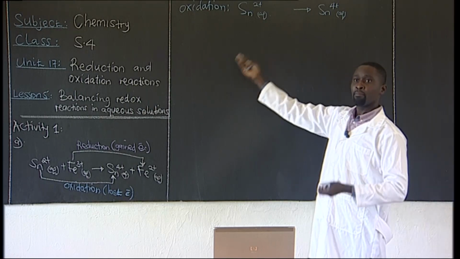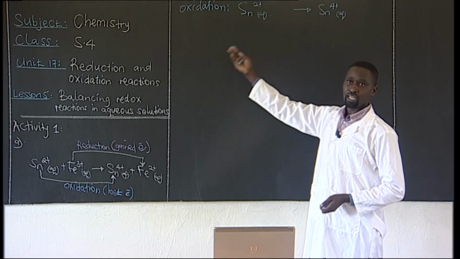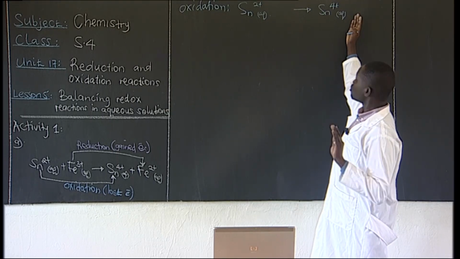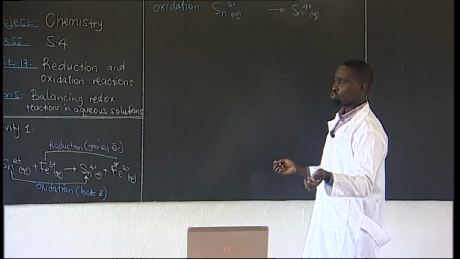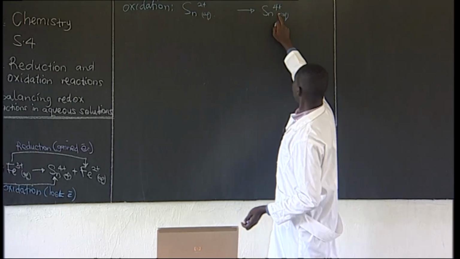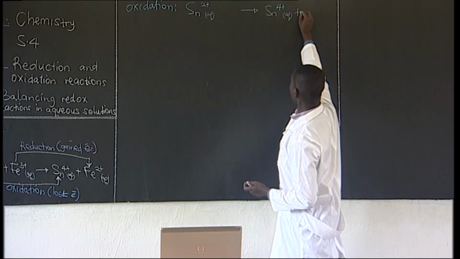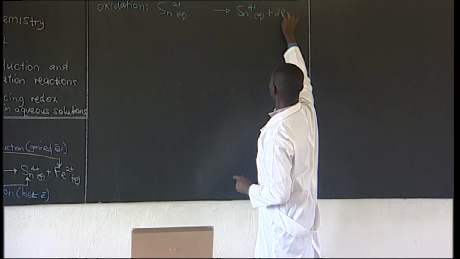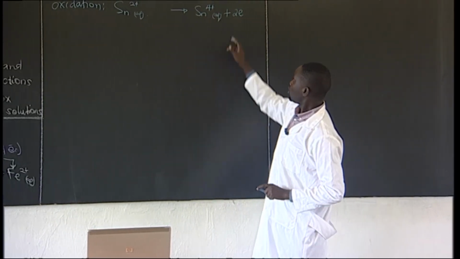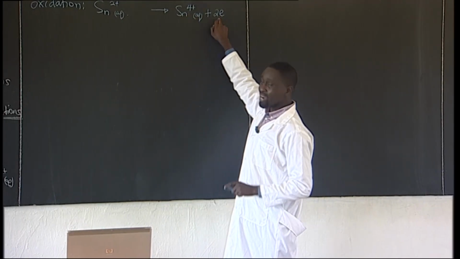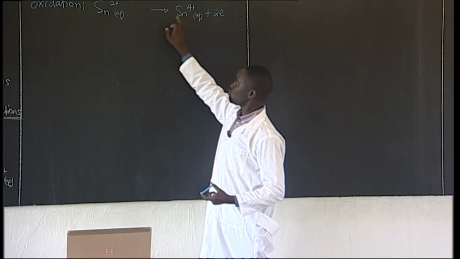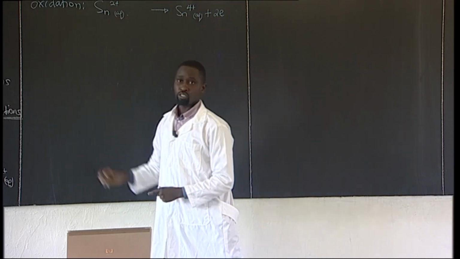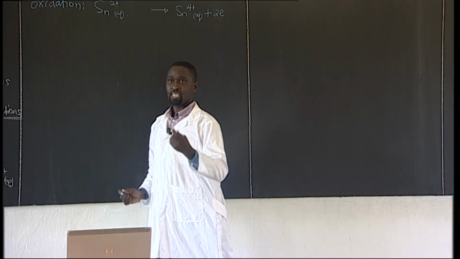If there is oxygen, balance other atoms, then oxygen and hydrogen at the end. As you can see, we do not have any other atom, so we shall directly go to electrons. Positive 2, positive 4. In oxidation, electrons are written on the right-hand side. So to balance the charges, this involves 2 electrons. Positive 4 plus minus 2, we get positive 2 and positive 2. So the oxidation side is balanced.